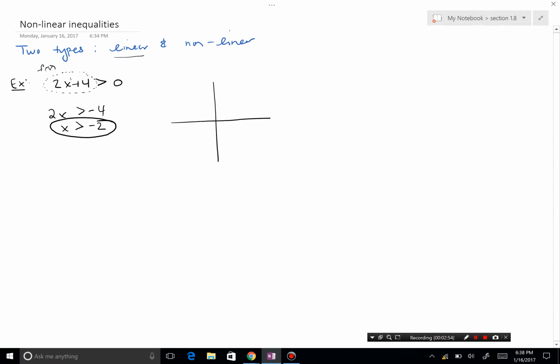This is a straight line, with a y-intercept, and it does this. This thing is asking me, when is the function, the y, greater than 0? It's greater than 0 here, and that only happens when it's above the x-axis.